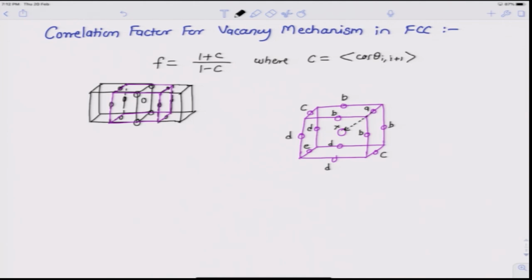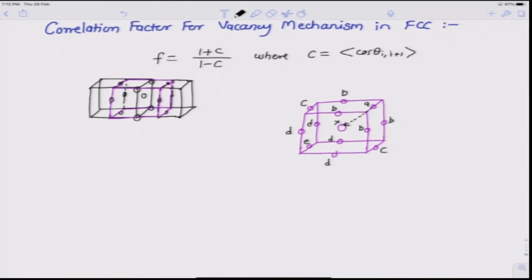So, the first jump of the tagged atom is, let us say, from A to X. So, now our tagged atom is at position X and the vacancy has gone to position A. So, let us say the ith jump is from A to X. So, for the i plus 1th jump of the tagged atom, let us call it X.